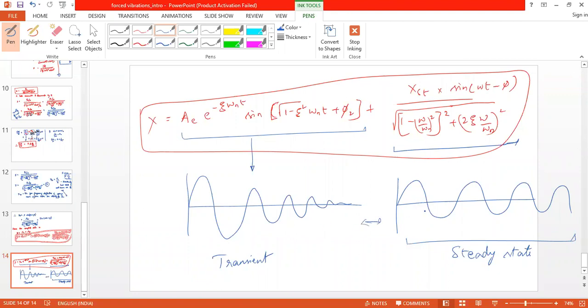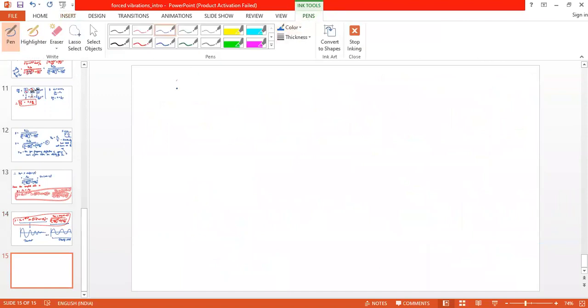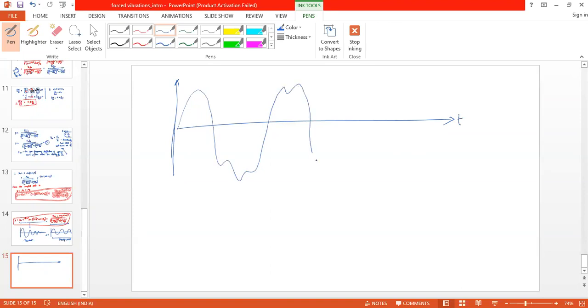Now, what if you merge these two? Because these two are acting at the same time, we are getting these two curves at the same time. If we merge them together, we may have a displacement versus time curve like this.